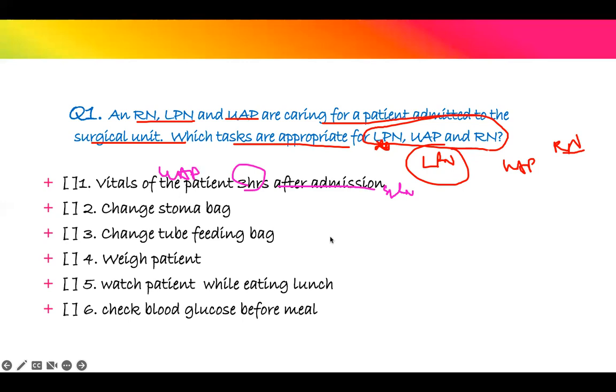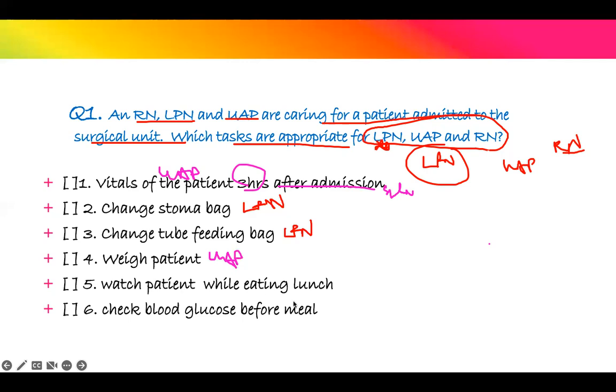Change stoma bag. Who does MMR most? That is the LPN staff. Change tube feeding. That is an LPN staff. Weigh patient. That doesn't require thinking, so that is the UAP staff.